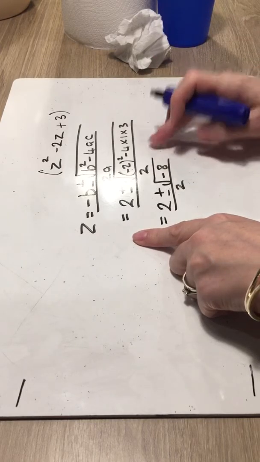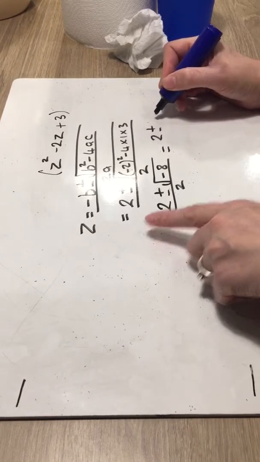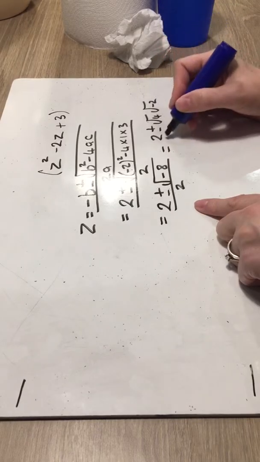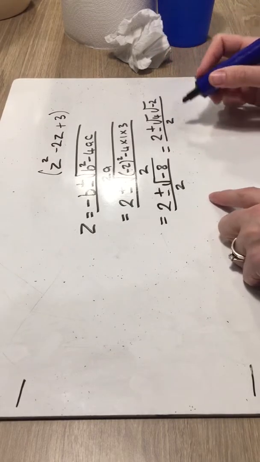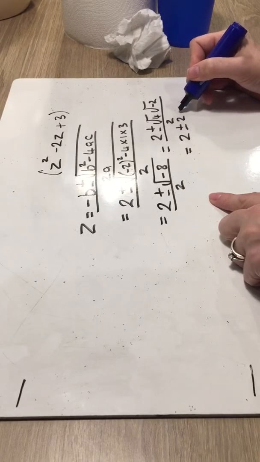So we need to tidy that up. So that's going to be 2 plus or minus square root 4 square root minus 2 all over 2. And the square root of 4 is just 2.